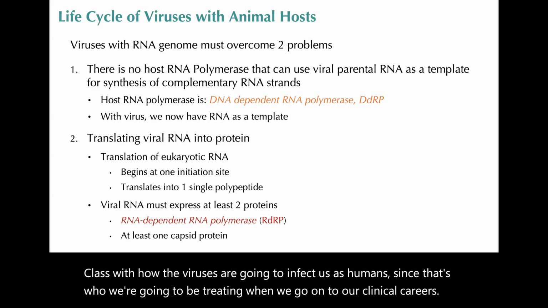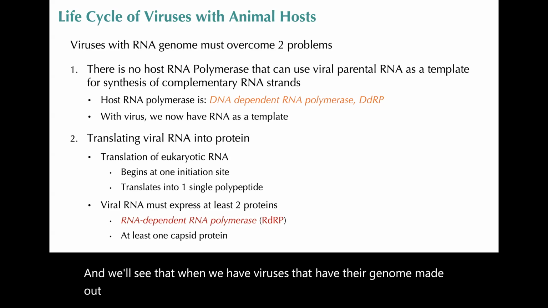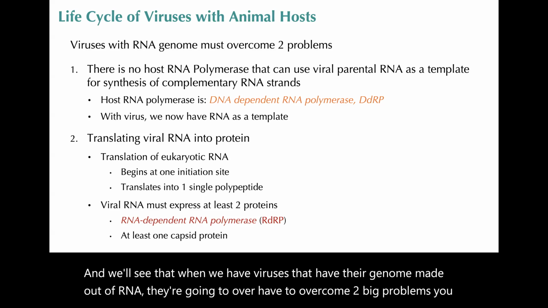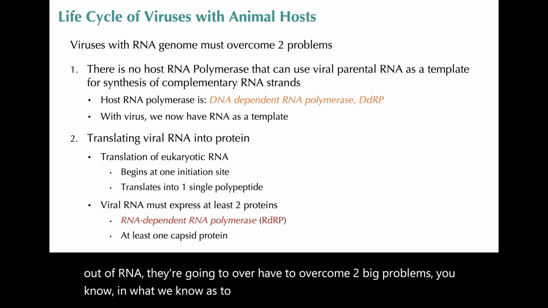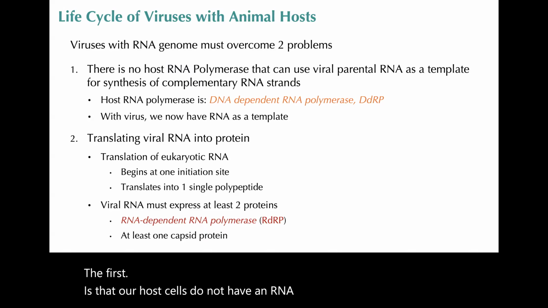And we'll see that when we have viruses that have their genome made out of RNA, they're going to have to overcome two big problems in how to transcribe and translate into proteins. The first is that our host cells do not have an RNA polymerase that uses RNA as a template.